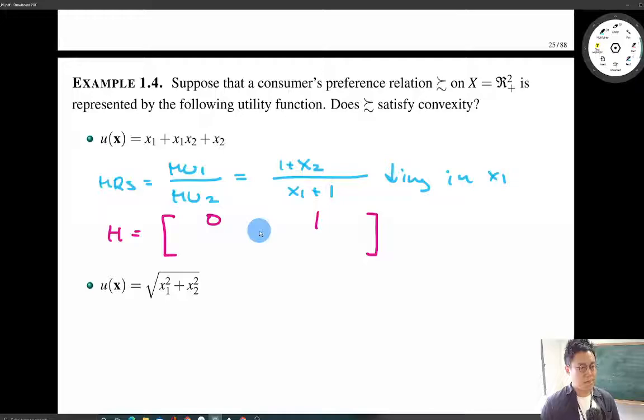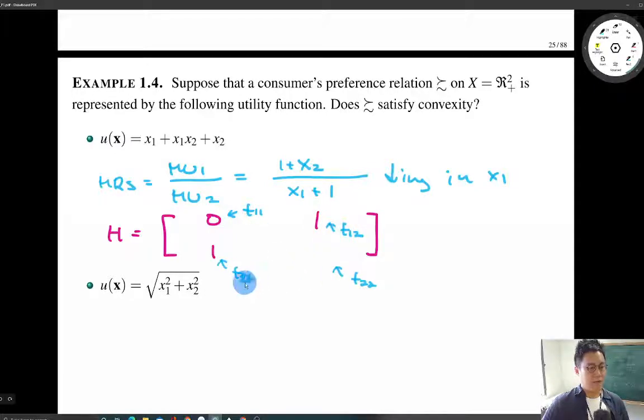So this is f sub 1 2, this is f sub 1 1, and we have to figure out f sub 2 2. So f sub 1 2 and f sub 2 1 are equal to each other. The order of taking partial derivatives does not matter. And finally f sub 2 2. Now we take MU2 and take the derivative with respect to x2. Those are constants, so we have 0.